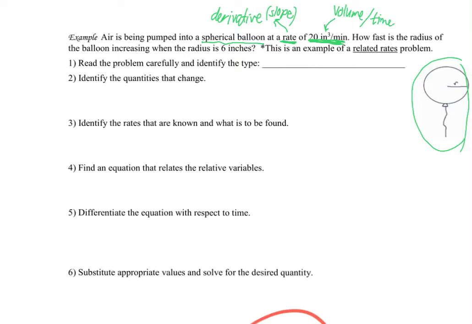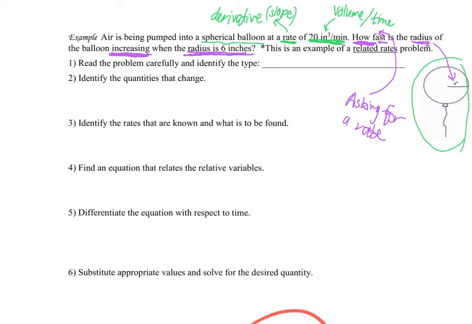All right. So now I see a question phrase, how fast. So it's asking for a rate. How fast is the radius, that must be this R in the picture. How fast is the radius of the balloon increasing? Increasing is probably important, when the radius is 6 inches.